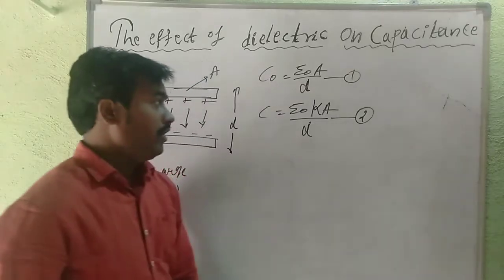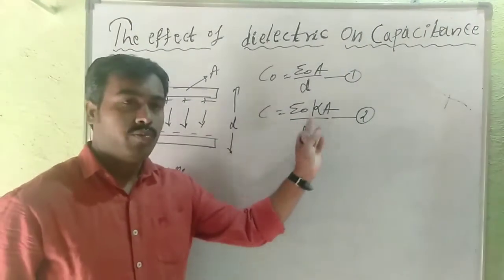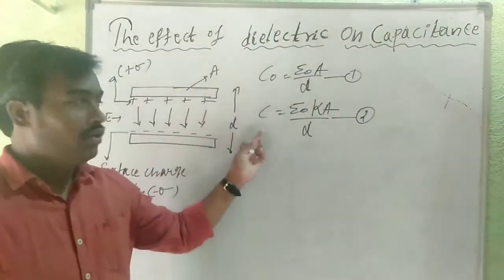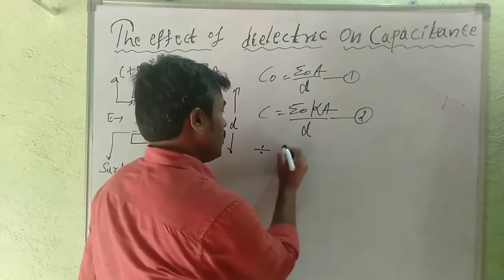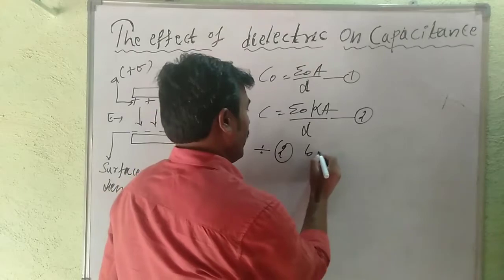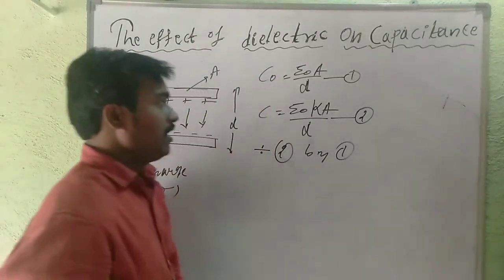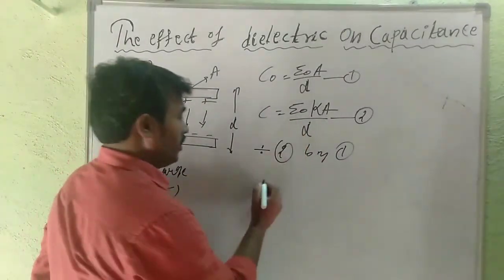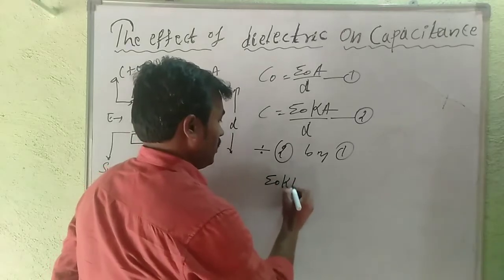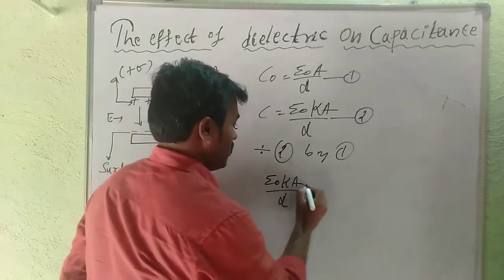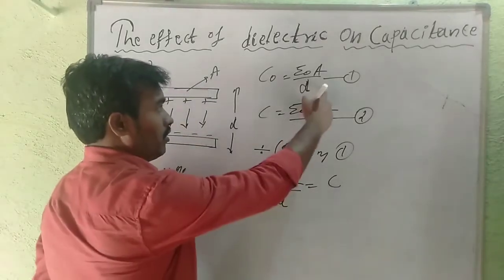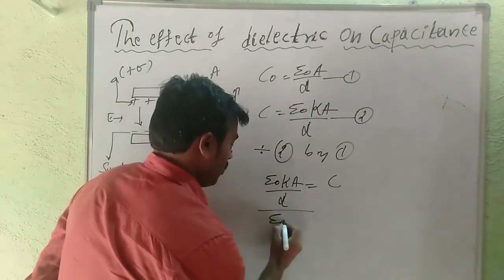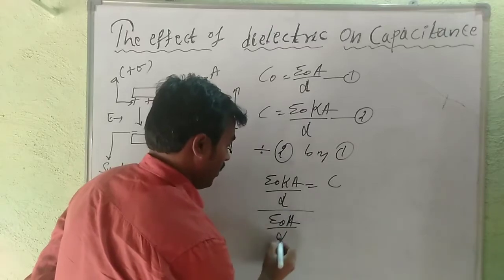Now divide equation number 2 by 1. Equation 2 is C equals epsilon naught K A divided by d, and equation 1 is C naught equals epsilon naught A divided by d.